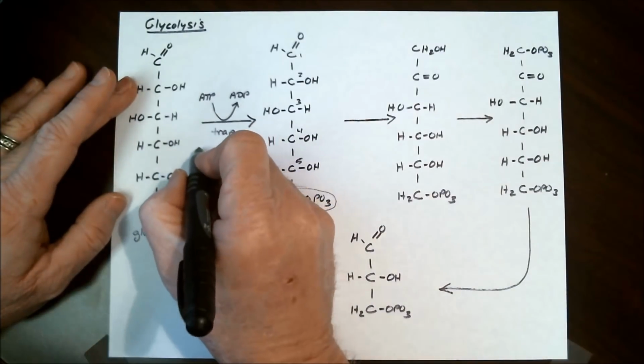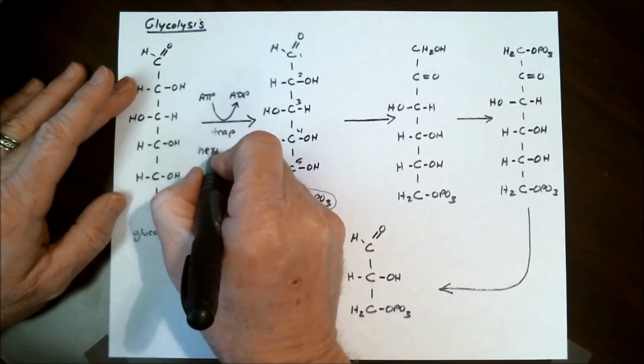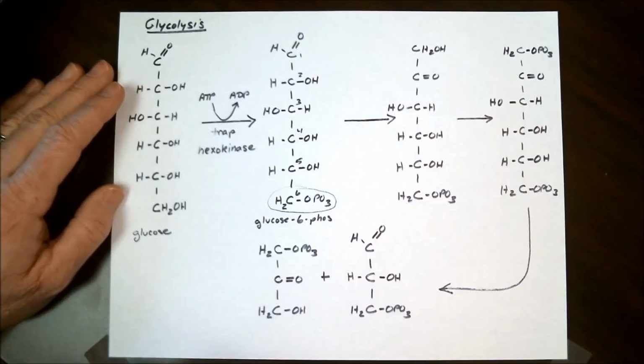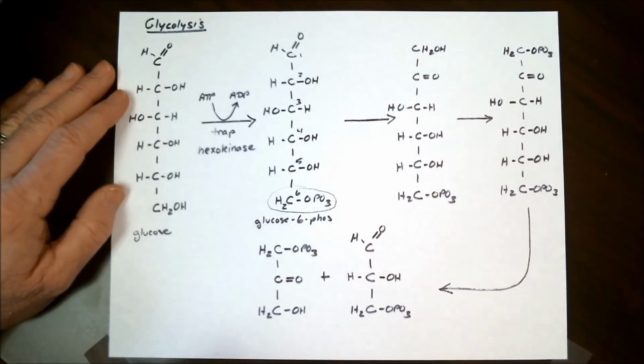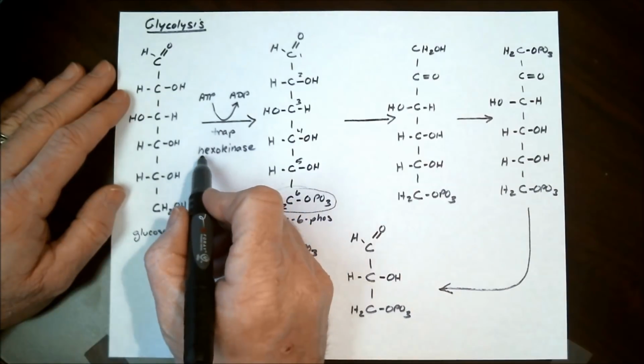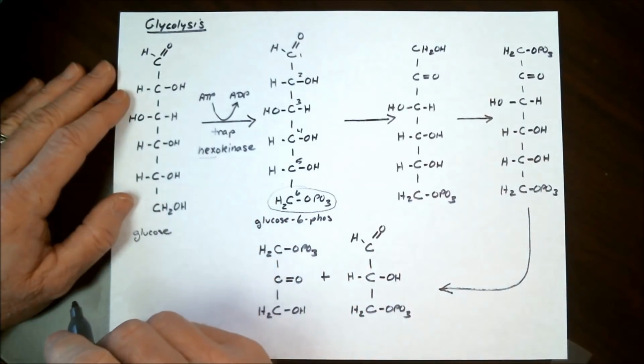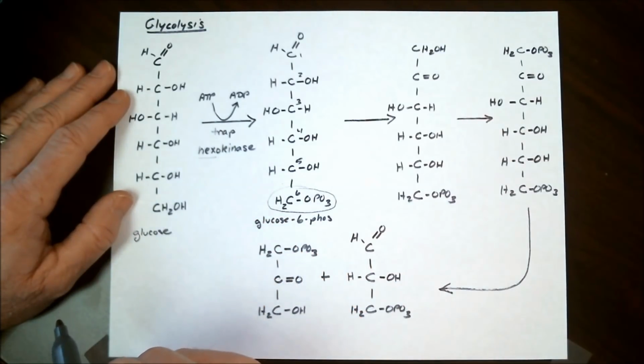The enzyme that does this reaction is called hexokinase. And again, remember, enzymes that are kinases are going to be using ATP to phosphorylate their substrate. In this case, hexo, because we are phosphorylating a hexose sugar, hexokinase.